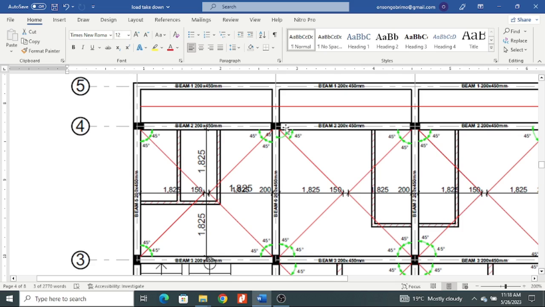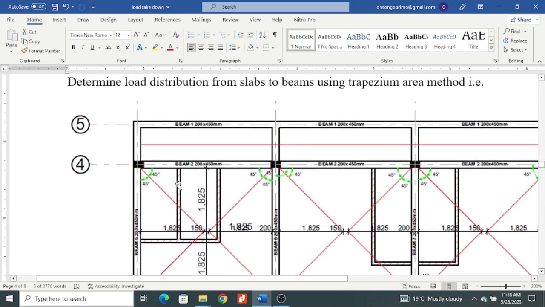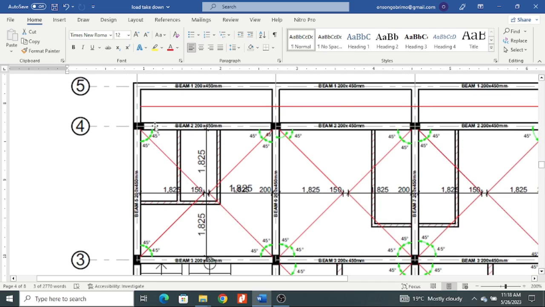After doing 45, you do 45 for all corners, and then you join them at the center to form a series of triangles and trapeziums. You can do this manually. Once you do that, you determine the actual individual dimensions of all lines, the ones that are going to help you get the area of your shape.